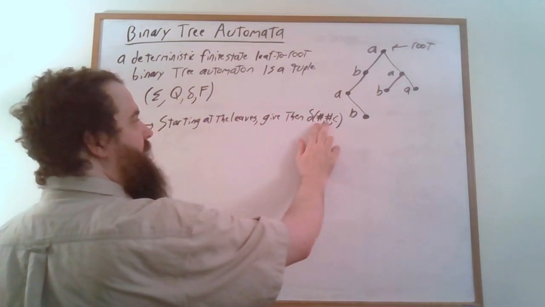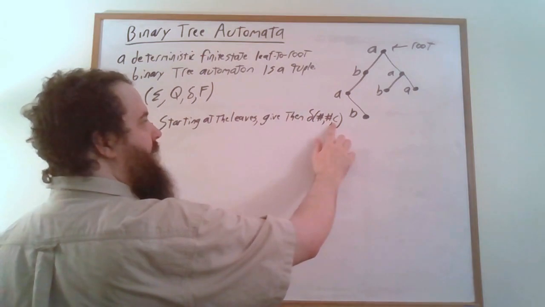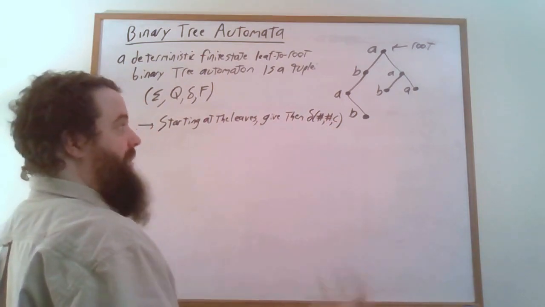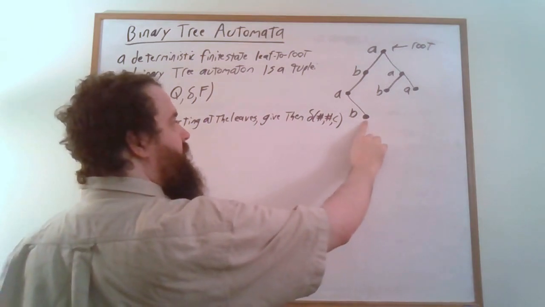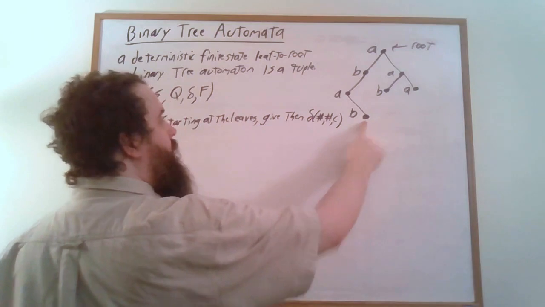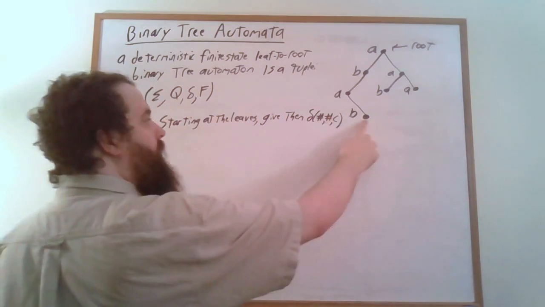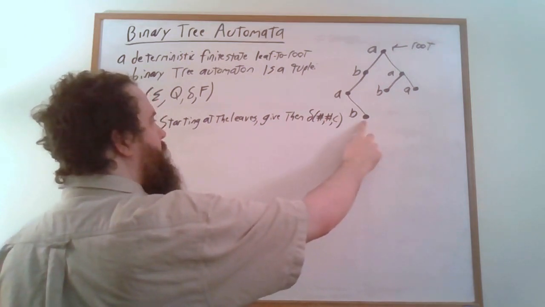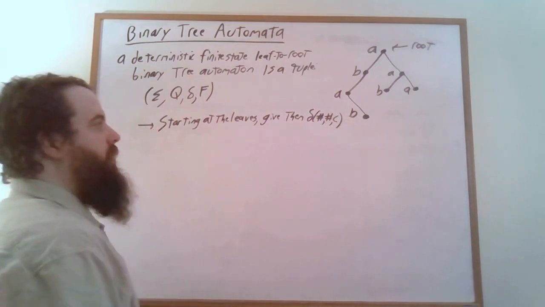It's going to take in two states, which could also be octothorpes, and it's going to take in a character from the alphabet. And it's going to output a state. And when we're interested in figuring out what state to associate to a leaf node, we're going to input octothorpes to indicate that there are no left children and there are no right children for that particular node, and we're going to input the character that we see at that node.